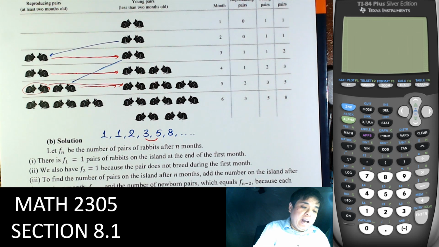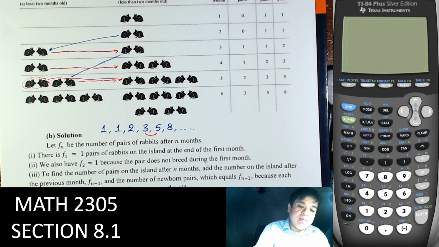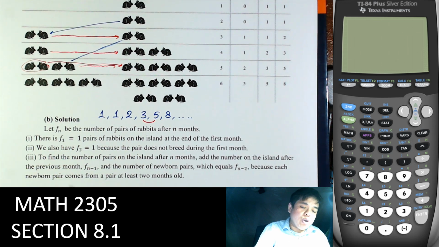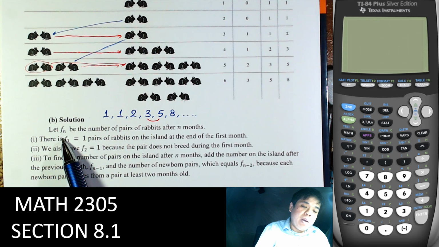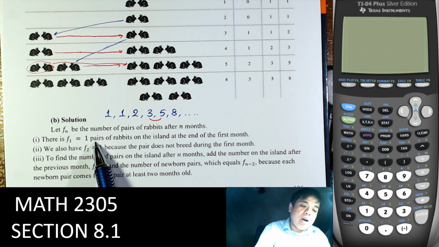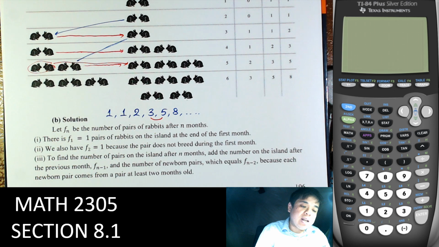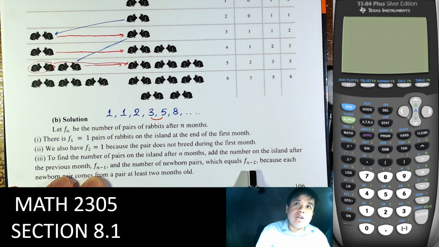This is how we write the solution. F_n is the number of pairs of rabbits after n months. F_1 is 1, F_2 is 1. That makes sense. How do we find the number of pairs of rabbits on the island? We add the number on the island after the previous month, F_(n-1), and the number of newborn pairs, which equals F_(n-2).